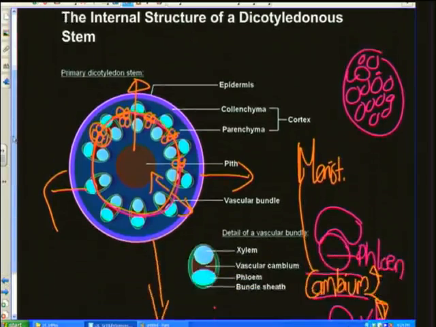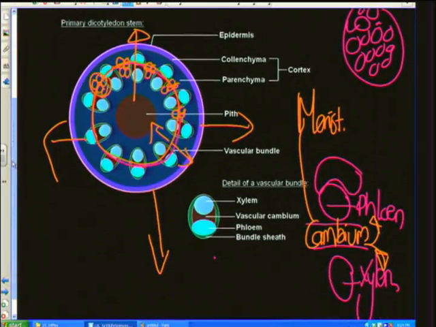There we go. In the beginning, if we have a look, all right, at our young stem, we looked at it last week. We find we've got an epidermis on the outside, epidermal tissue. Underneath that parenchyma, and then this dark blue, all of that is going to be parenchyma, our cortex. Now, what happens after about a year of growth?